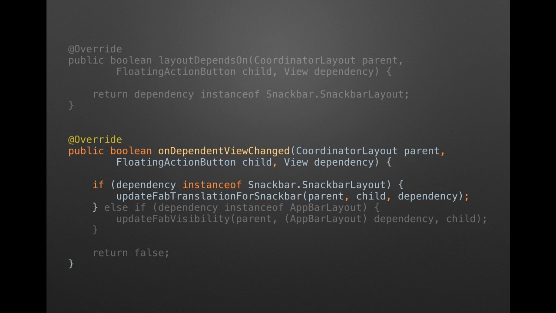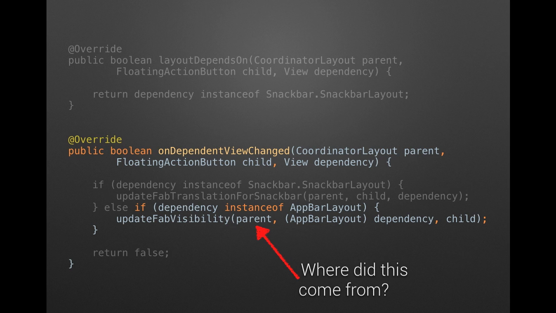Now, the interesting thing is, I mentioned that in order to declare this dependency, we had to return some value from layoutDependsOn, and that would declare that this behavior is attached with some sort of relationship to these other views. But in this code, there's this other section where the floating action button technically depends on an app bar layout too.